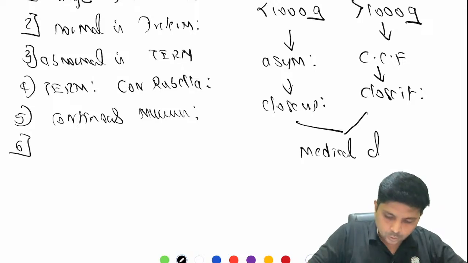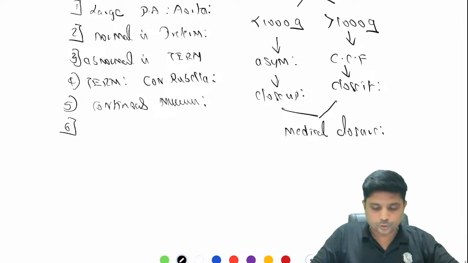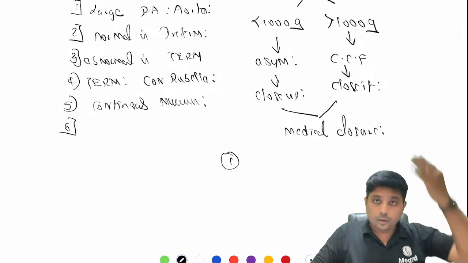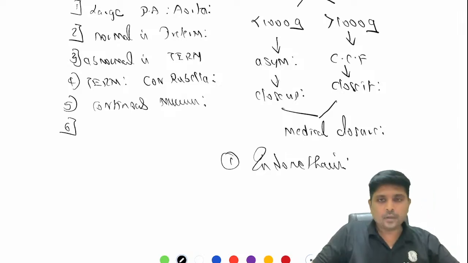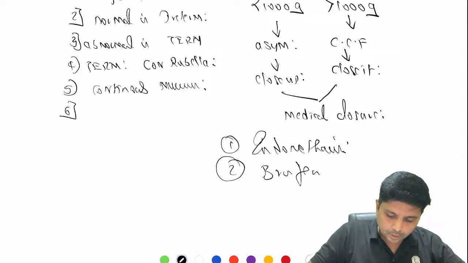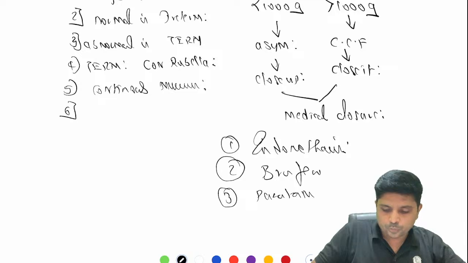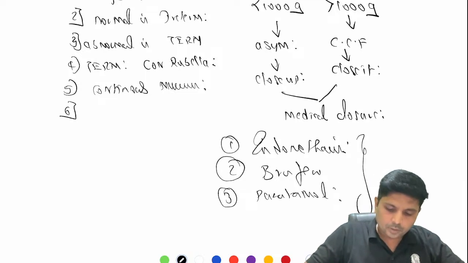Medical closure. What is that medical closure? Long back, people used indomethacin. Then it has been replaced by Brufen. Now even IV paracetamol can also be used, because it is a prostaglandin antagonist.